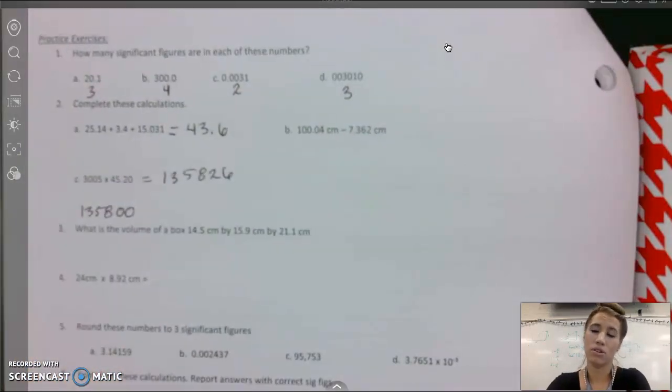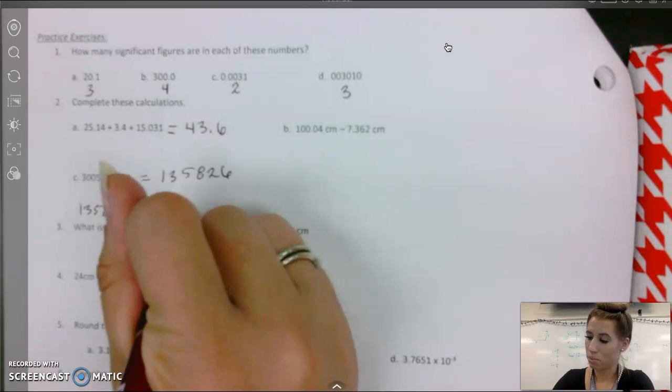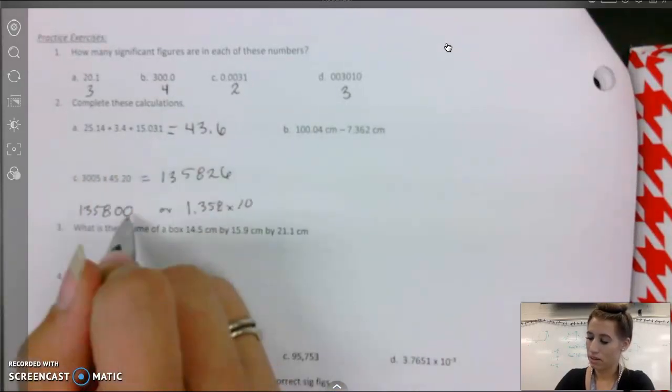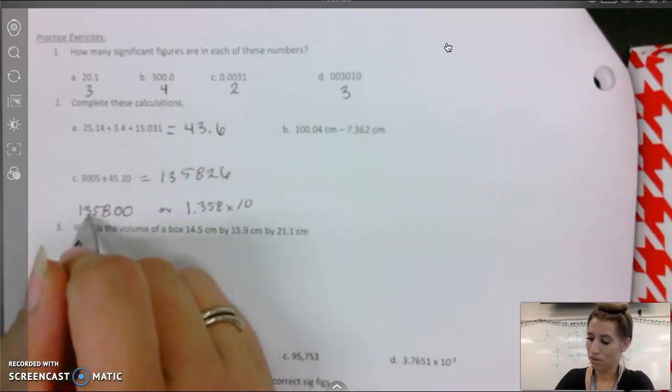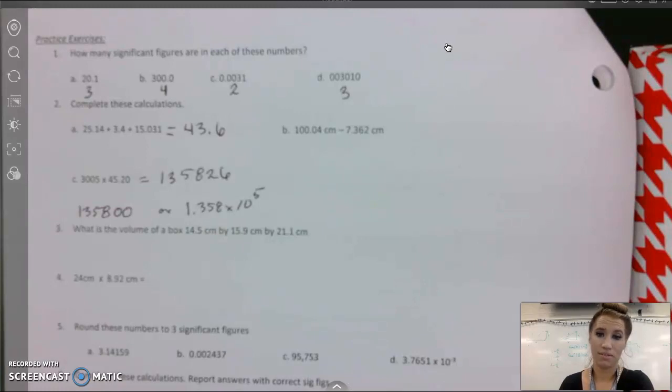Because trailing zeros are only significant if there's a decimal place. And since I didn't add one, this is an answer that has only 4 significant figures. Or you could write it in scientific notation. You could do 1.358 times 10, and we move that decimal 1, 2, 3, 4, 5 times. Okay, so that also works.